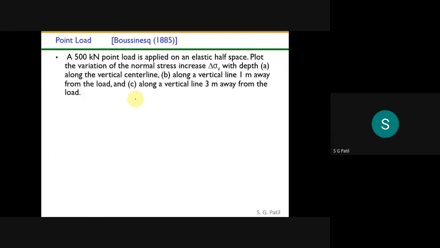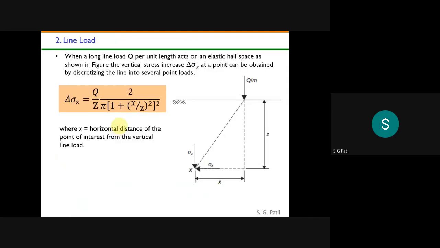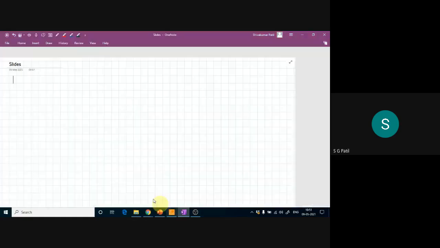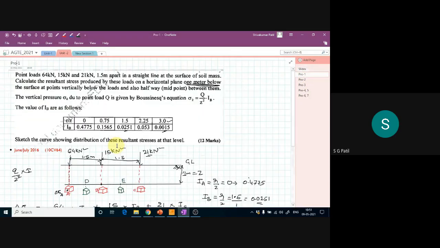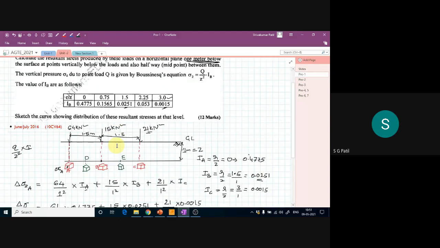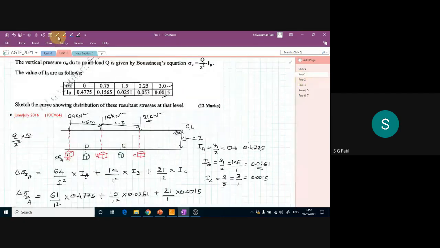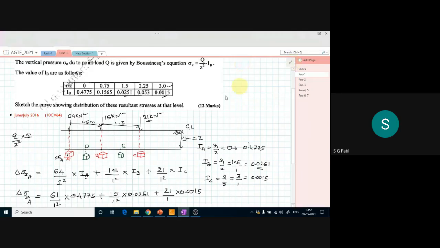We also saw one more problem, which I think I solved only partially. Let me take that problem. Anybody able to solve that problem fully? This is an examination problem.